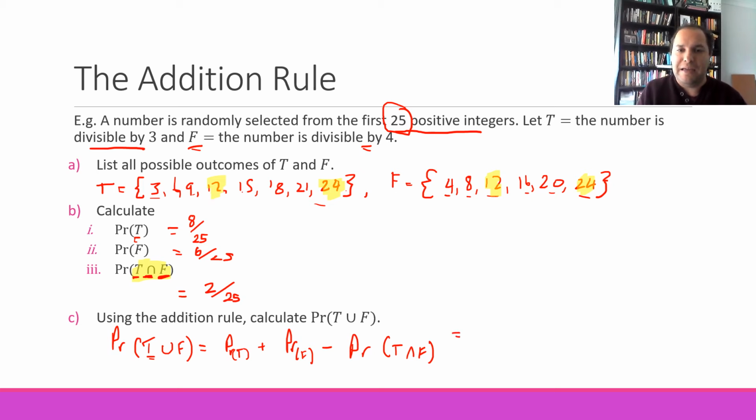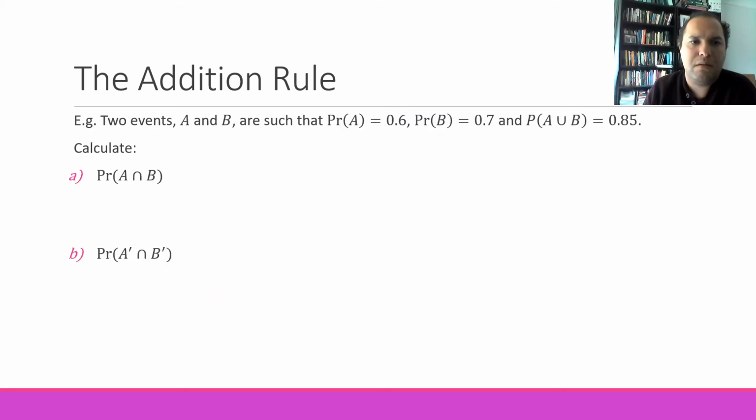So that'll be 8 over 25 plus 6 over 25, subtract 2 out of 25. 8 plus 6 is 14, subtract 2 is 12 out of 25 is our probability of selecting a number that's divisible by 3 or divisible by 4.